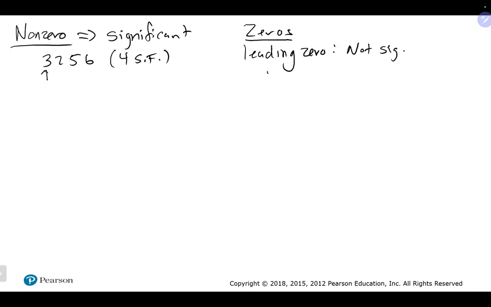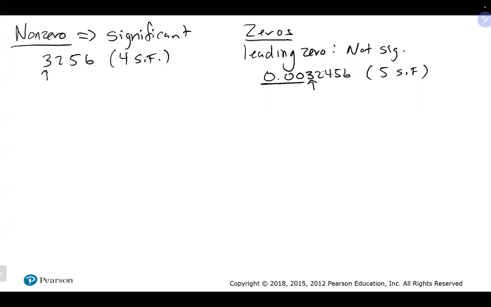So if you had something like 0.003245, starting left to right, all these zeros here are not going to be significant. We do not start counting until we hit that first non-zero number, which is the 3. The 2, 4, 5, and 6 would all be non-zero, so they would be significant. So that is going to give us 5 significant figures in that particular case. Any questions on that there?